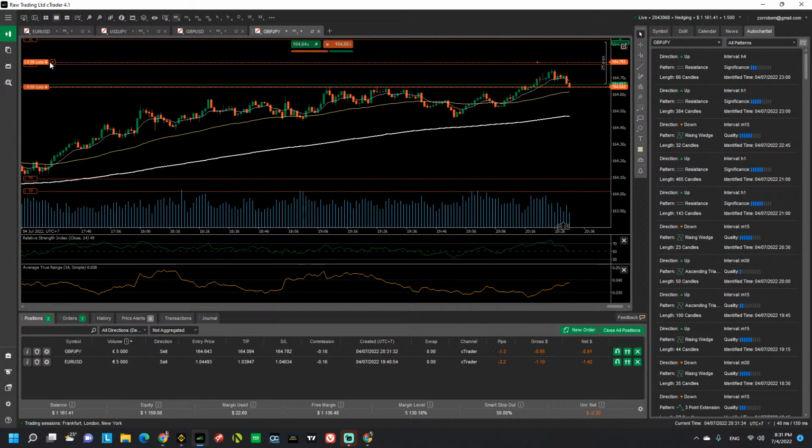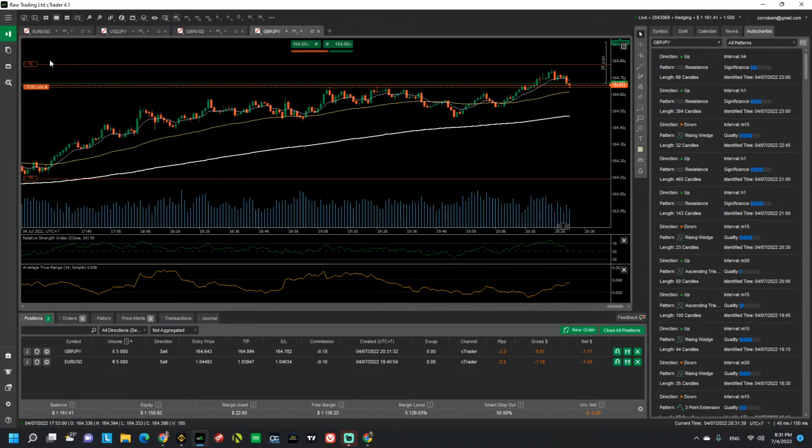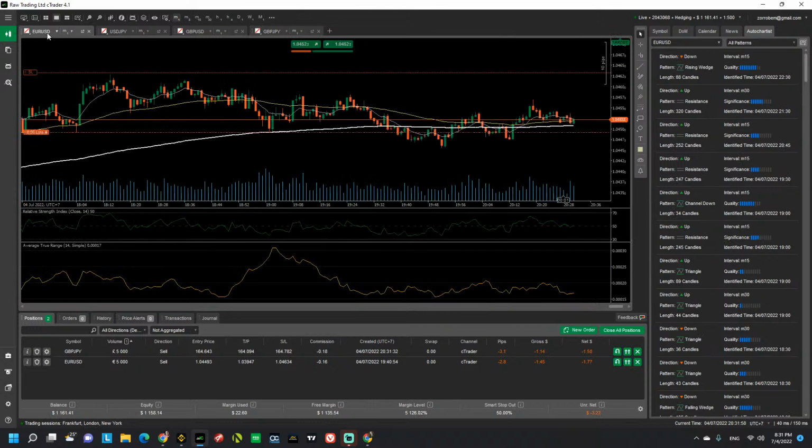Okay, it hit that one, so I'll cancel this. So now I have a stop loss of $5, another $5. So if that hits that stop loss, then I'll be done for this pair. And then Euro USD will be the last.